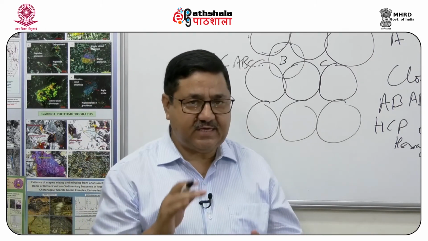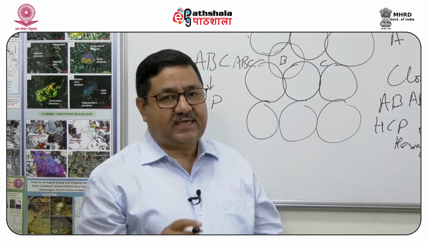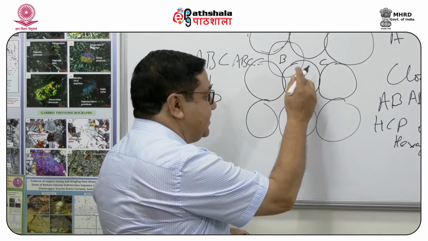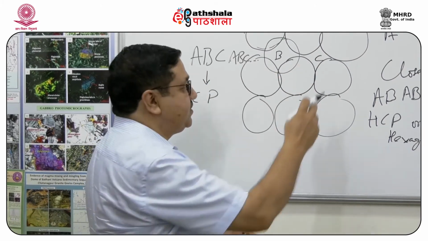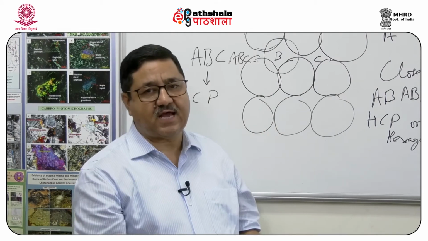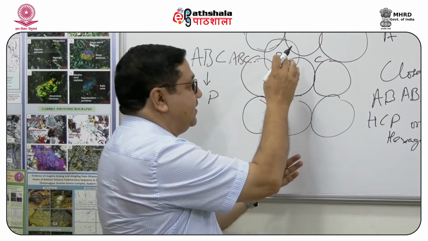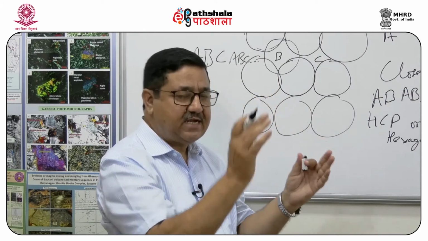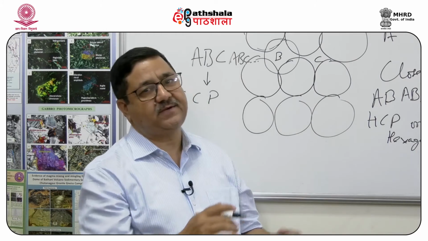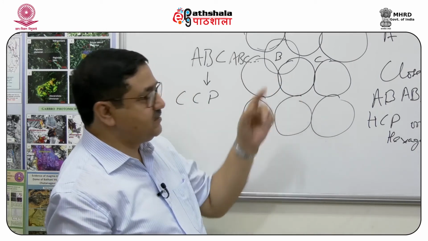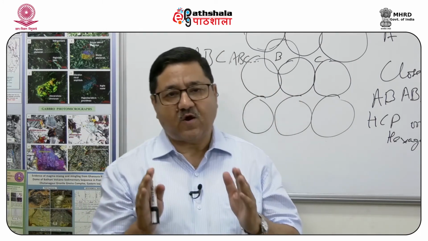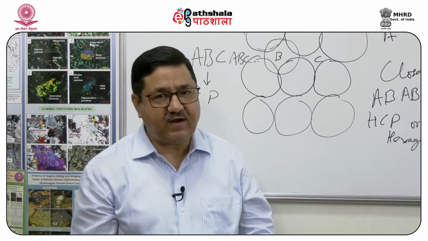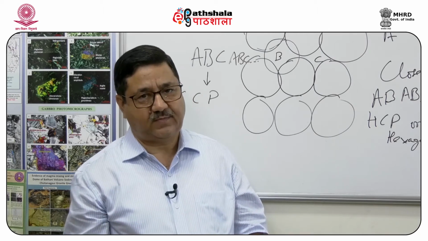In both of these, the idea is that there is a central sphere which is in touch with 6 spheres around it, and then there are 3 spheres on top on one side and 3 on the lower side, which means that each sphere is in contact with 12 other spheres, and this is a 12-fold coordination.